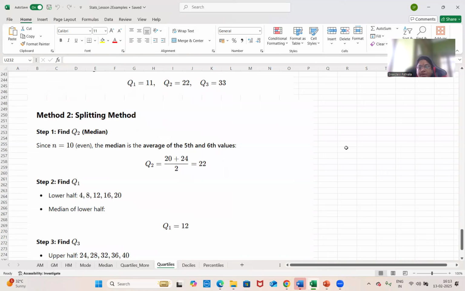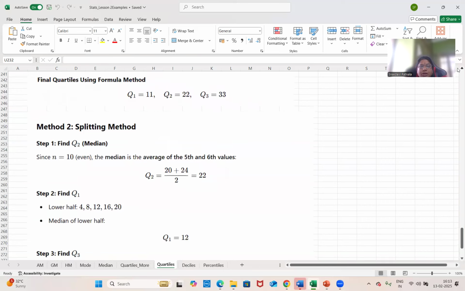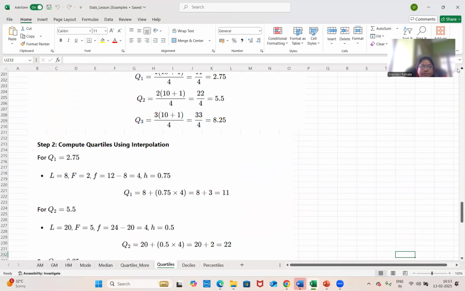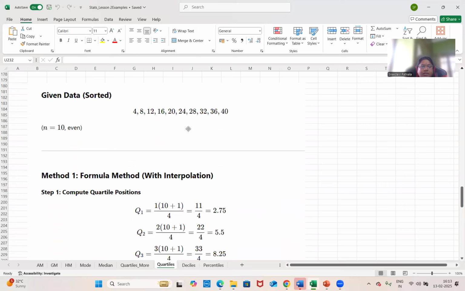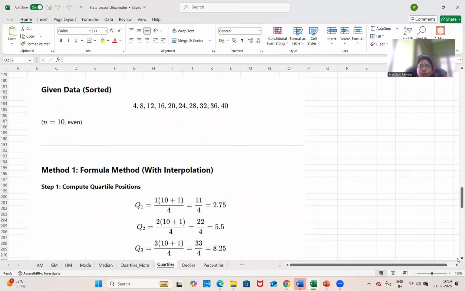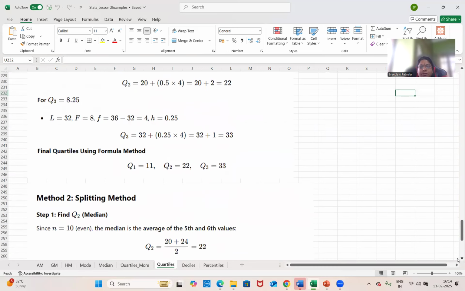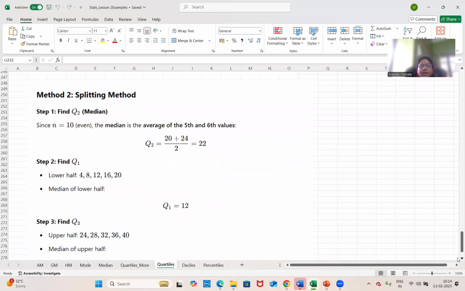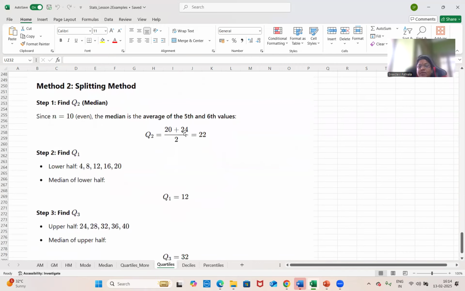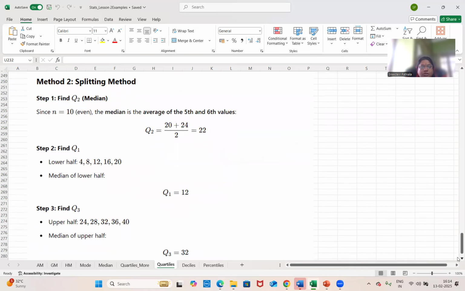Here, when splitting, the first digit should be included in the lower set. For example, here in your data set, we got two middle values, 20 and 24, right? So inclusive of 20 will become the lower set, and inclusive of 24 will become the upper set. So in the two data sets, it should be inclusive. In your odd data set, you don't include that in the split method. That is the only difference, and you identify the middle value from the two middle values divided by 2. That's all. These are the two differences.